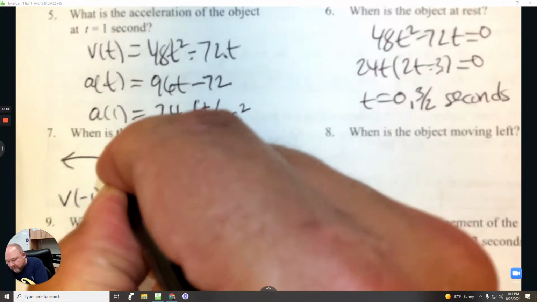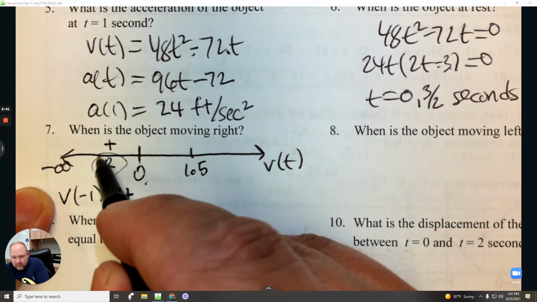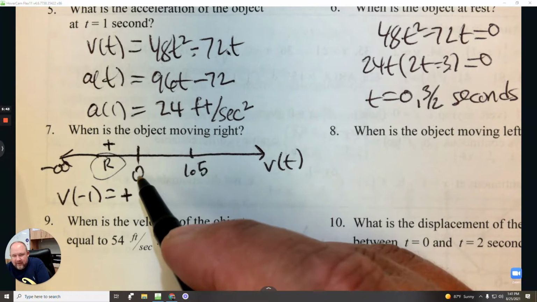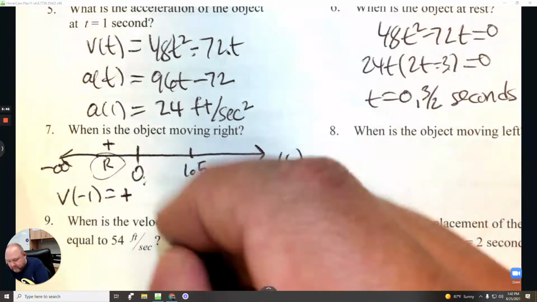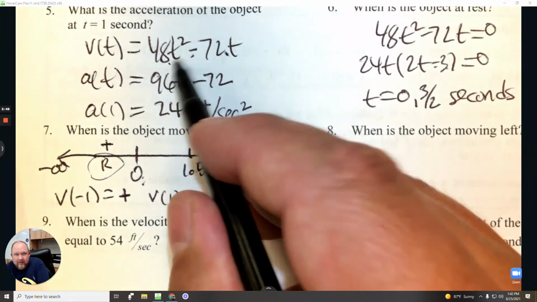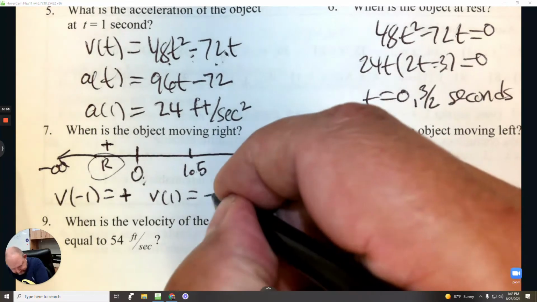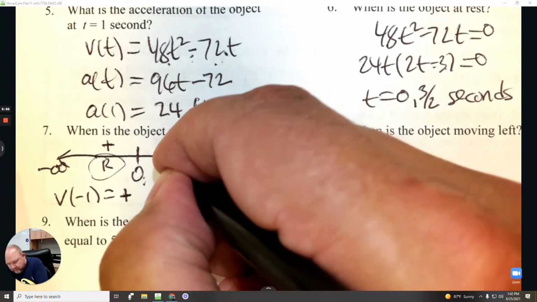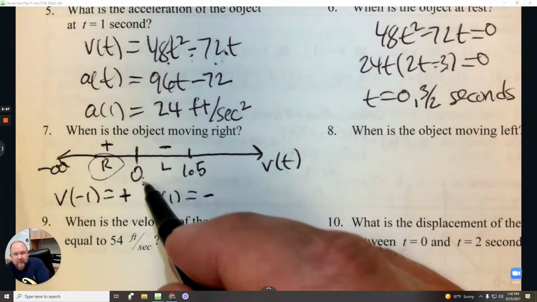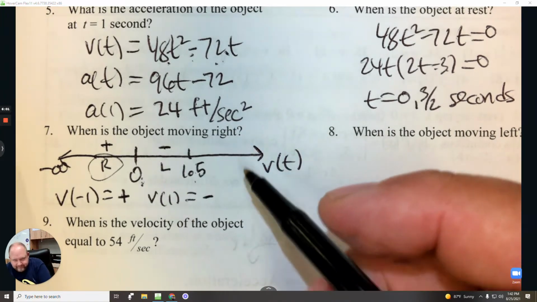That means from -infinity up to 0, it's moving to the right. Next, I'm going to pick a number in the next interval. So I'm going to pick +1. If I plug +1 into the velocity, I get 48 take away 72. So from 0 to 1.5, the object's moving to the left.